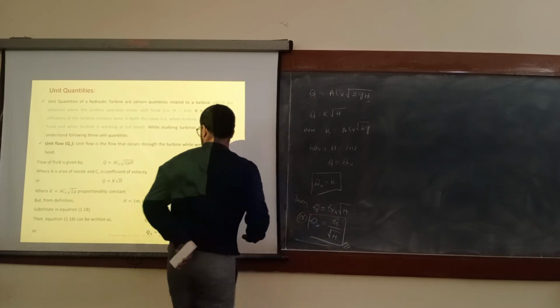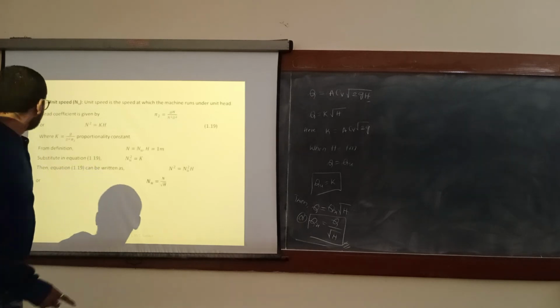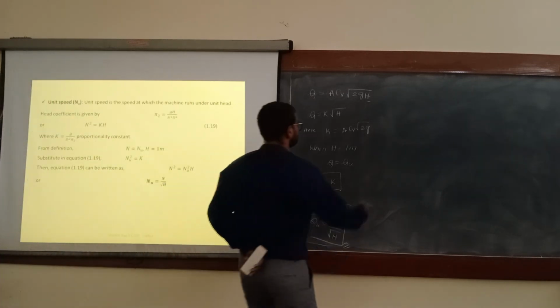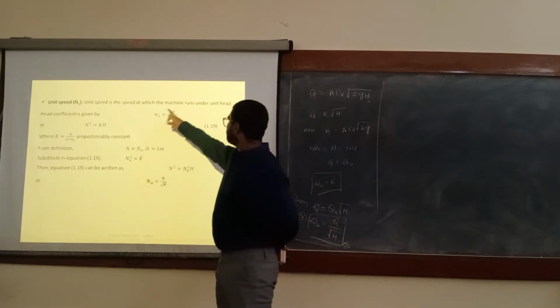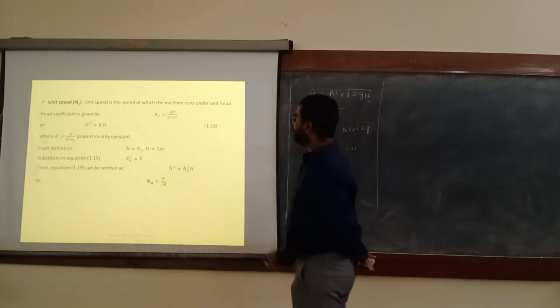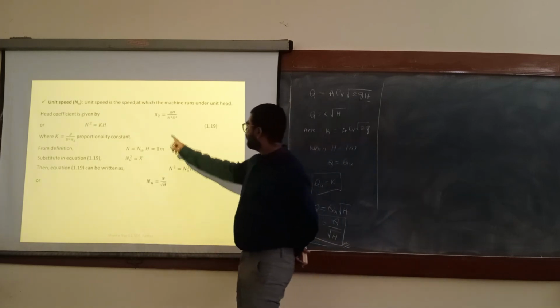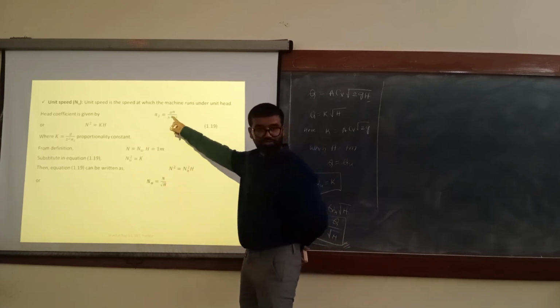Next, similarly, the next unit quantity, that is unit speed. The unit speed is the speed at which the machine runs under unit head. This is the definition of unit speed, which is derived from the head quotient expression.